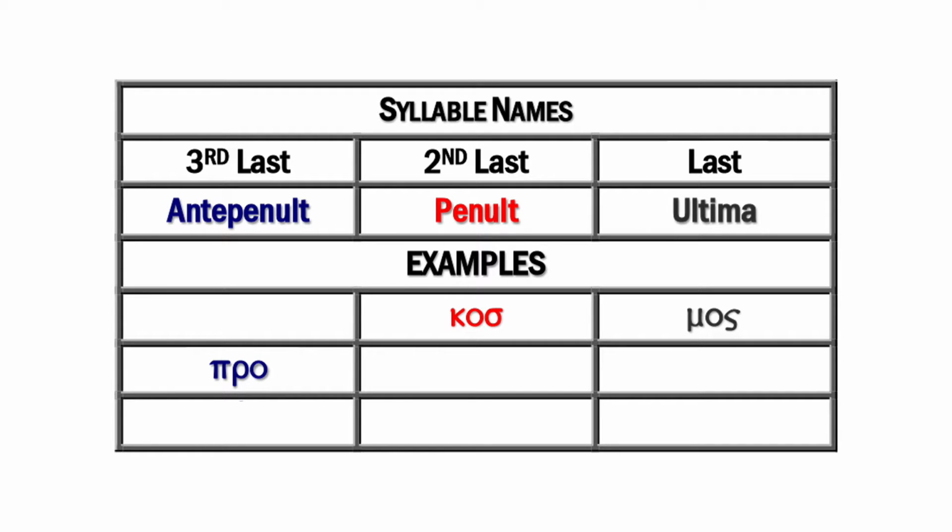In the word prophetes, pro would be the antepenult, phe would be the penult, and tes would be the ultima. In the word adelphos, a would be the antepenult, del would be the penult, and phos would be the ultima.